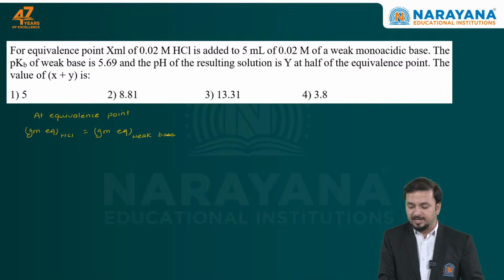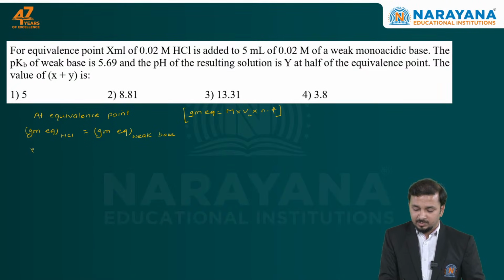Now we know gram equivalent will be molarity into volume into n factor. Let me write over here. Gram equivalent is equal to molarity into volume in liters into n factor. So I can write gram equivalent of HCl as molarity 0.02 into volume in liter, X upon 1000, into n factor for HCl, which is 1.